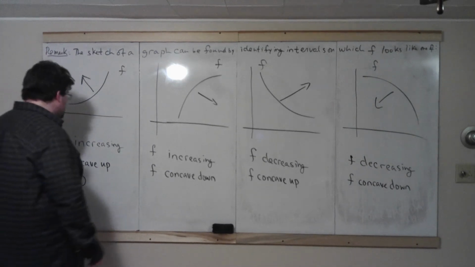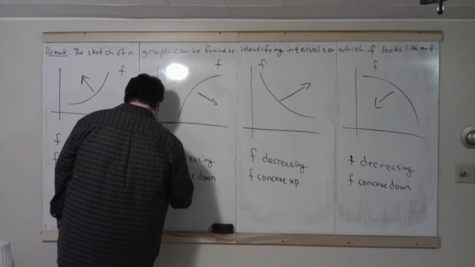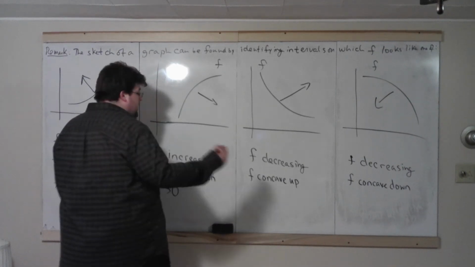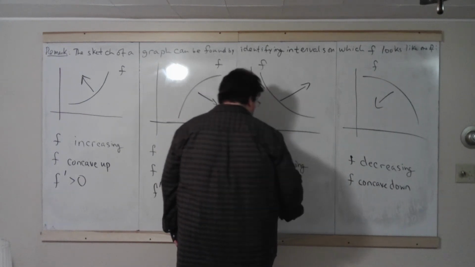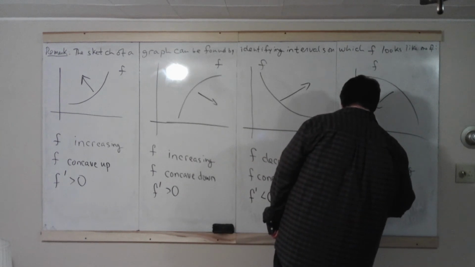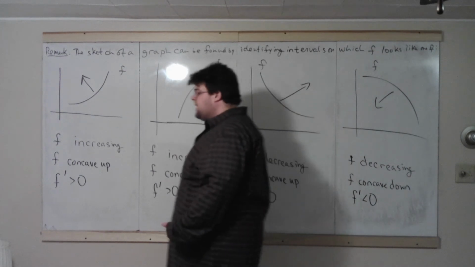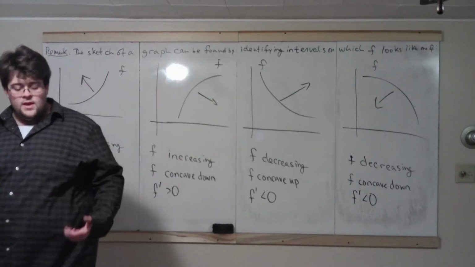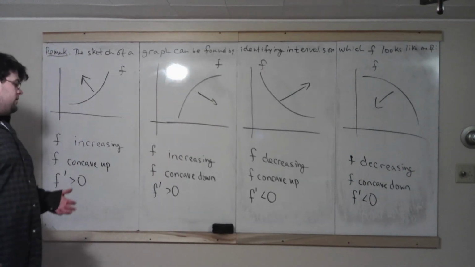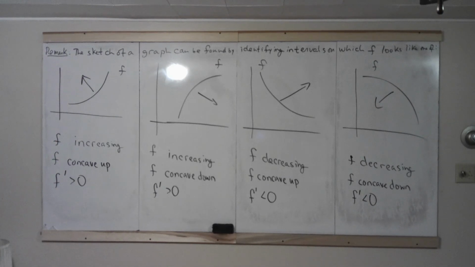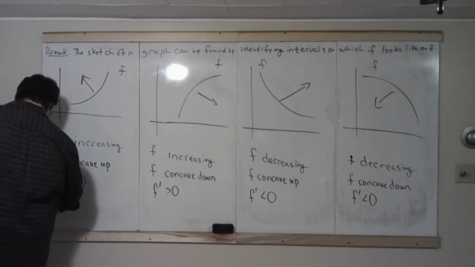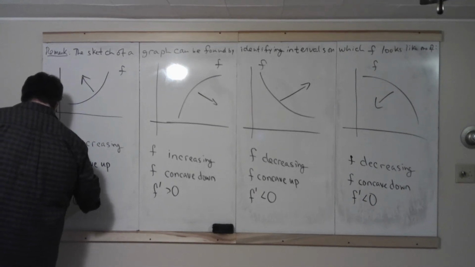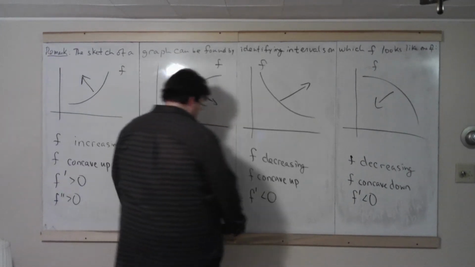Where the function is increasing, the first derivative is positive, and where it's decreasing, the first derivative is negative. Where the first derivative is positive, the function is increasing. Where the first derivative is negative, the function is decreasing. What about concavity? Where the second derivative is positive, the function is concave up.